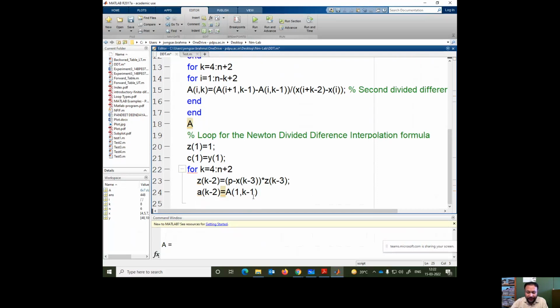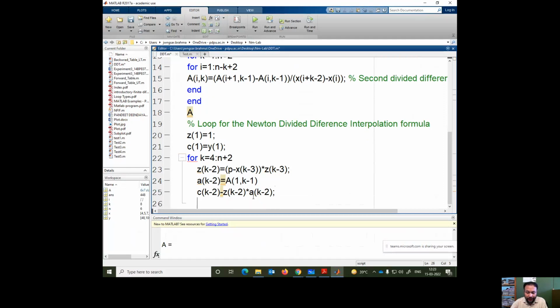Now I can get here C k minus 2 is equal to Z k minus 2 into A k minus 2. Here I have put it here.